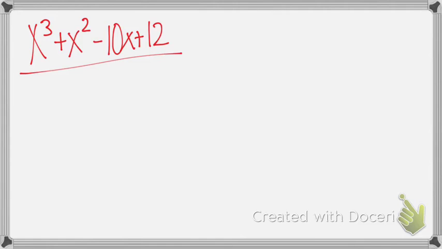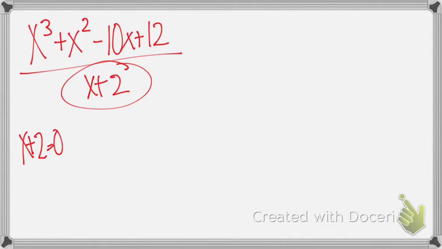Our problem is x cubed plus x squared minus 10x plus 12 over x plus 2. So remember, when you do synthetic, you must find the 0 of that factor. So we say x plus 2 equals 0. We subtract 2 and we're left with x equals negative 2.